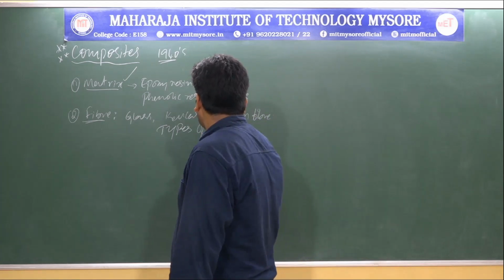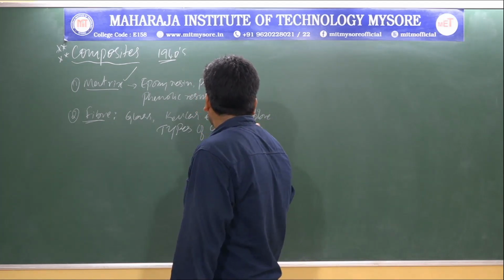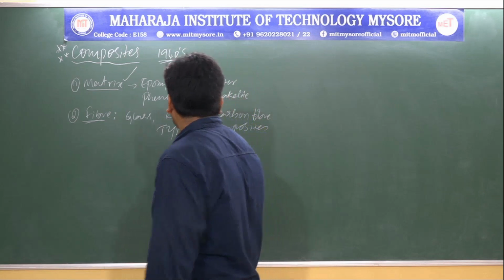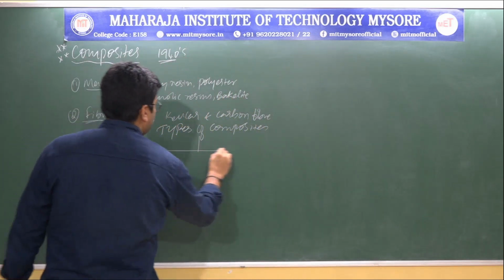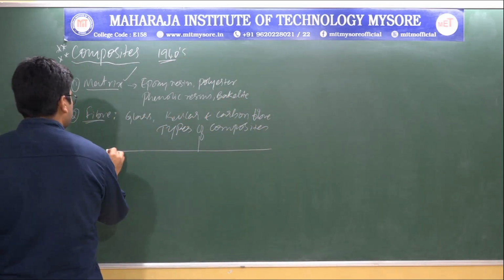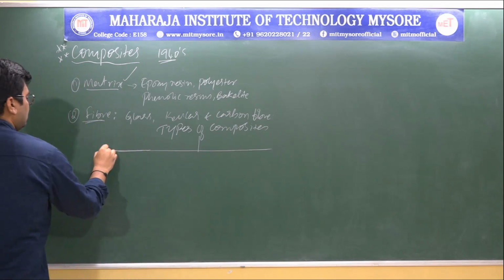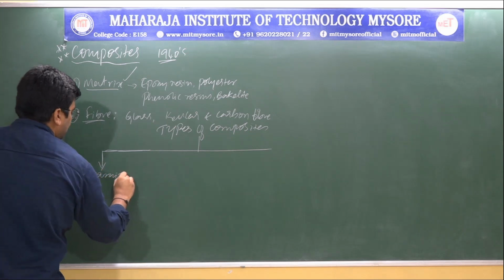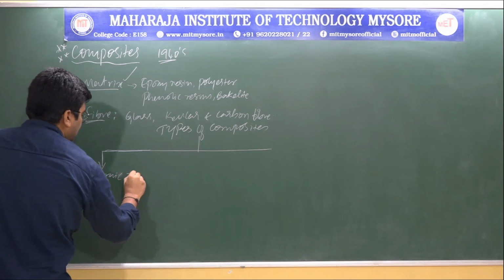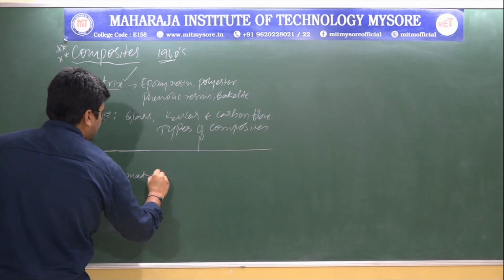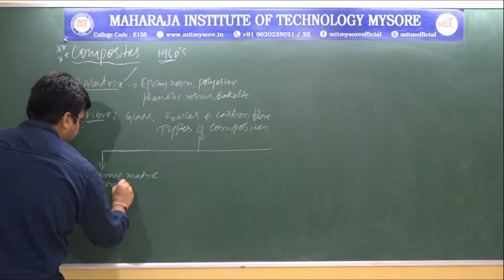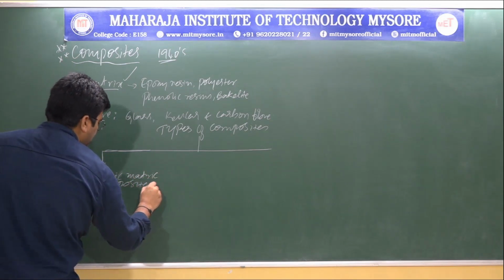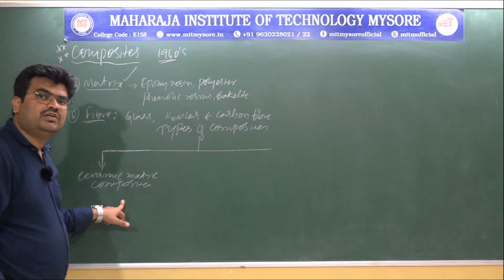The first type is ceramic matrix composites. This is one of the types.